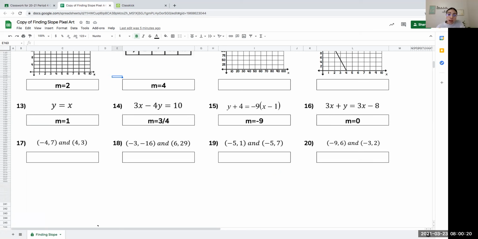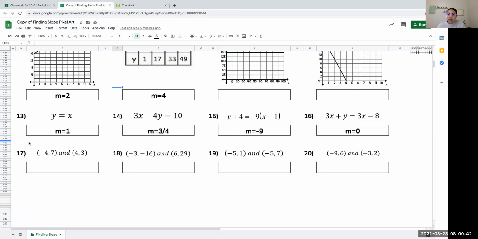It stays red. But there are only 2 undefined slopes in here, and there's one that is a 0 slope. So I'll tell you right now. Oh, well, I already told you in the chat. Does that help? So it shouldn't be that for number 17. Okay.